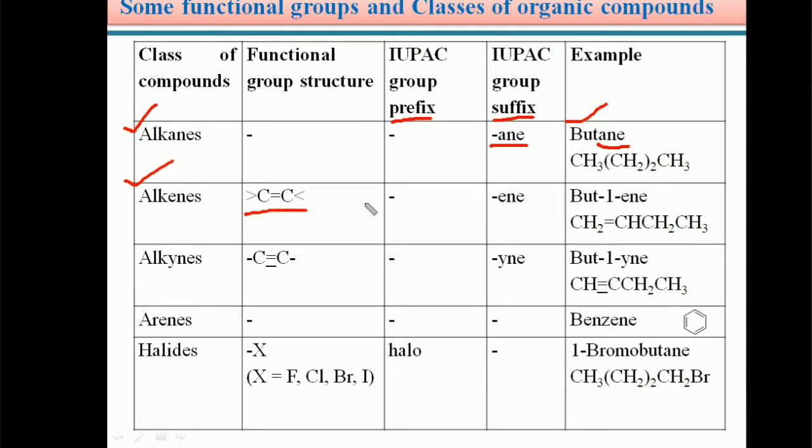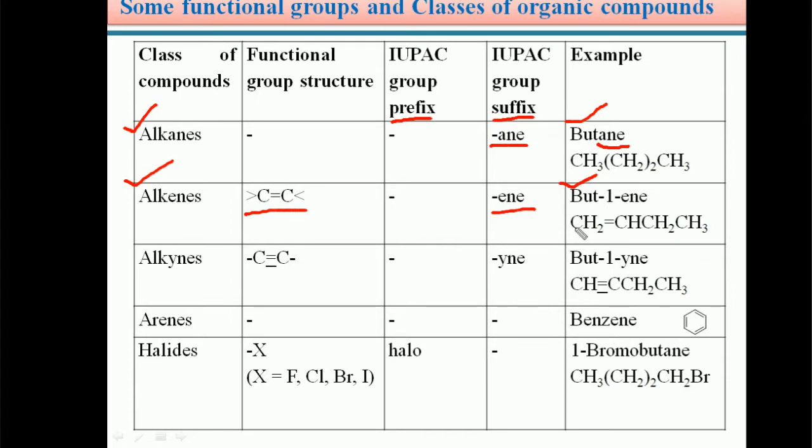So students, these alkenes also do not have any specific prefix, but they have an IUPAC suffix at the end of the name. The suffix for alkenes is ene.